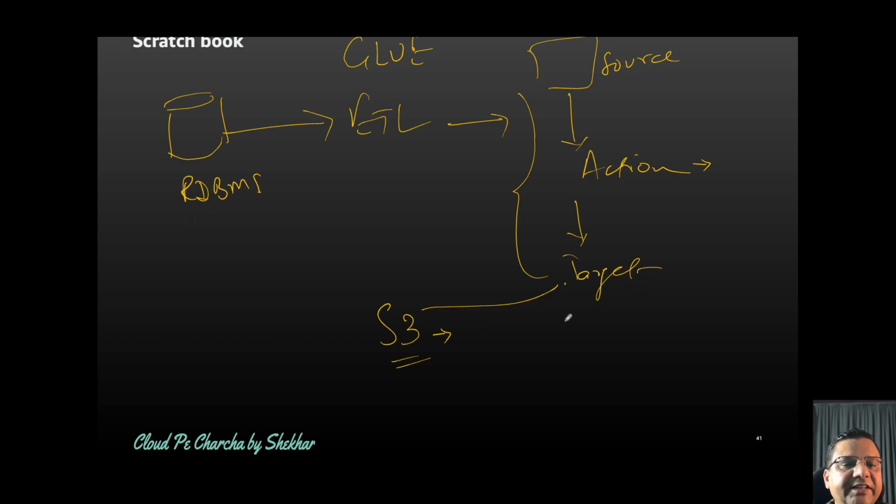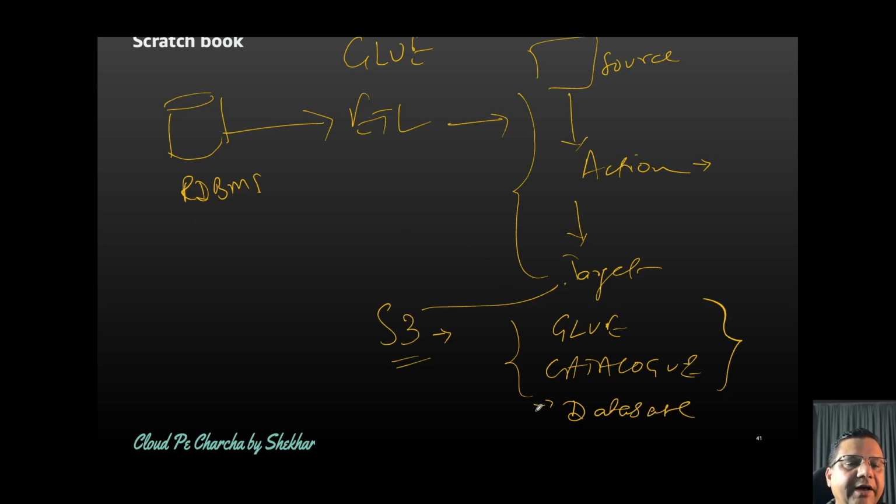Now while defining the target, we also defined the Glue catalog that we did in this lab. So we created the Glue catalog. What we created in the Glue catalog, one is the database. So database was already created for this lab, and within this database we created the table. So this table schema is exactly mapped to what we defined here in the target configuration.